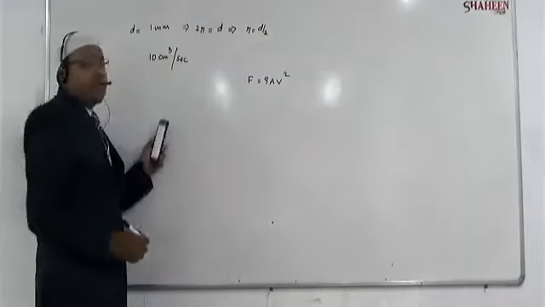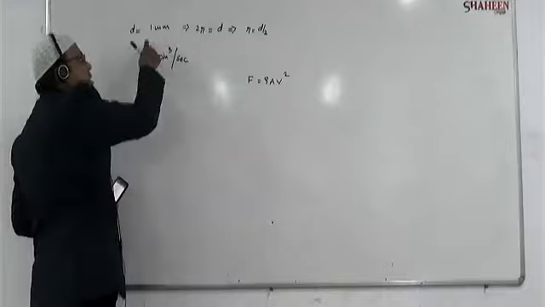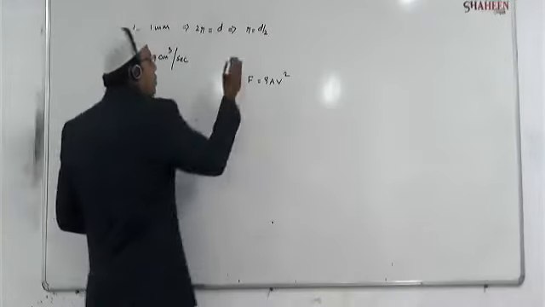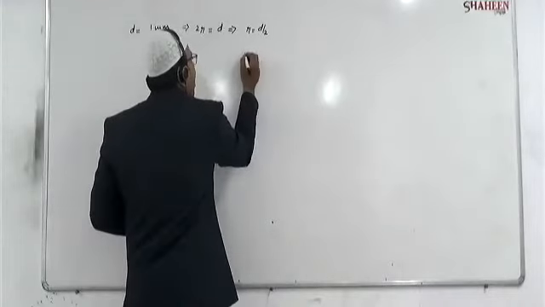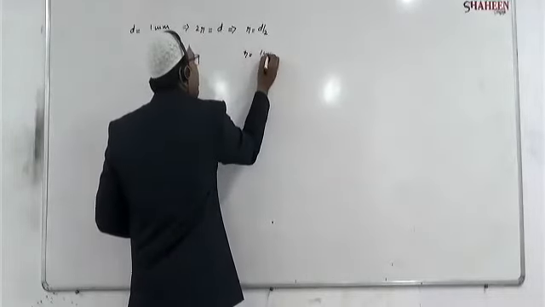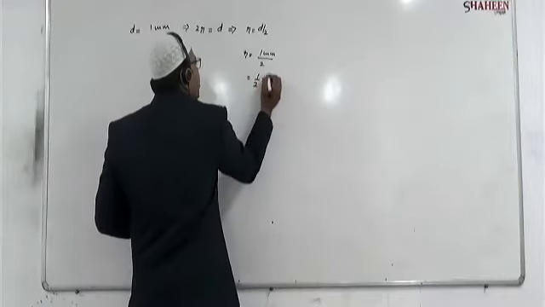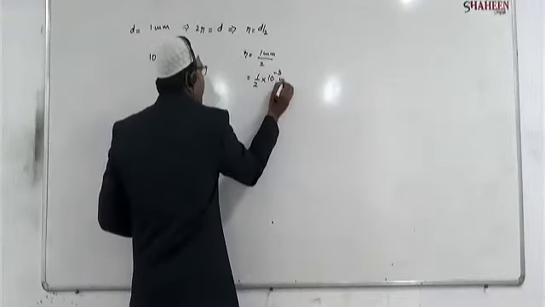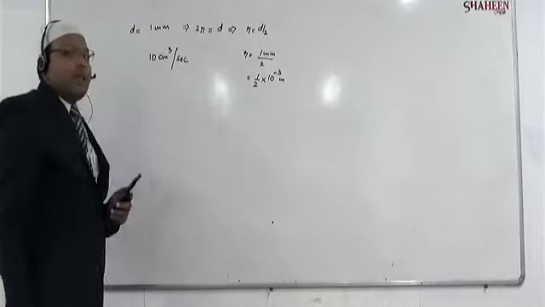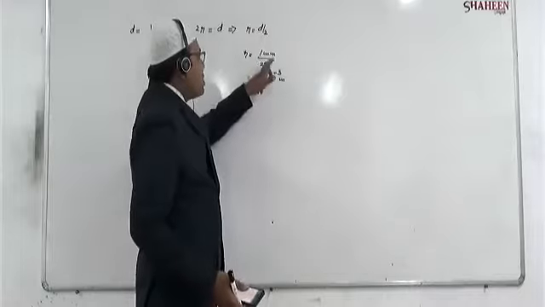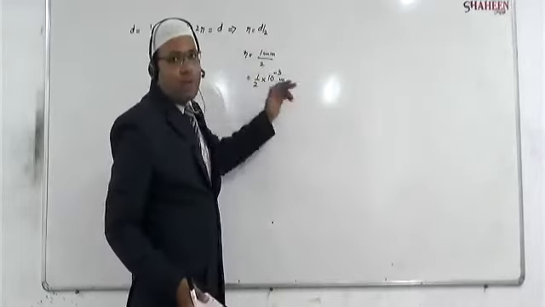D is 1 mm, so r is 1 by 2 mm. Mm means 10 power of minus 3. Radius is half of the diameter. Why 10 power of minus 3? Because it is given in mm, so we write 10 power of minus 3 meters.